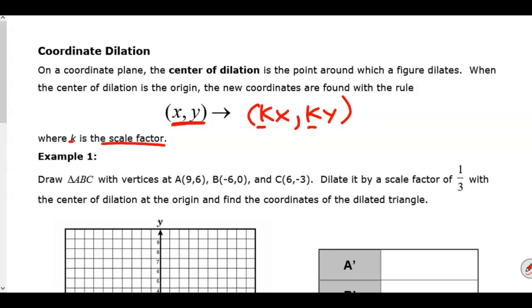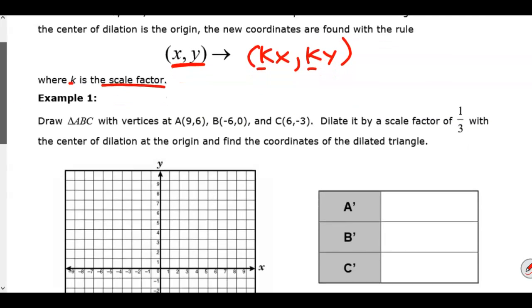So again, given a center of dilation, you take x and y and multiply both by the scale factor k. Okay. So example 1, I want you to graph all 3 points. Everybody, right now, on example 1, on the back, graph A, B, and C.